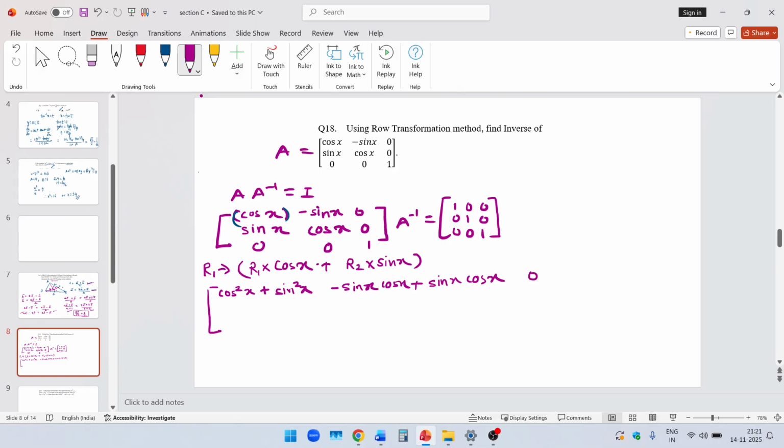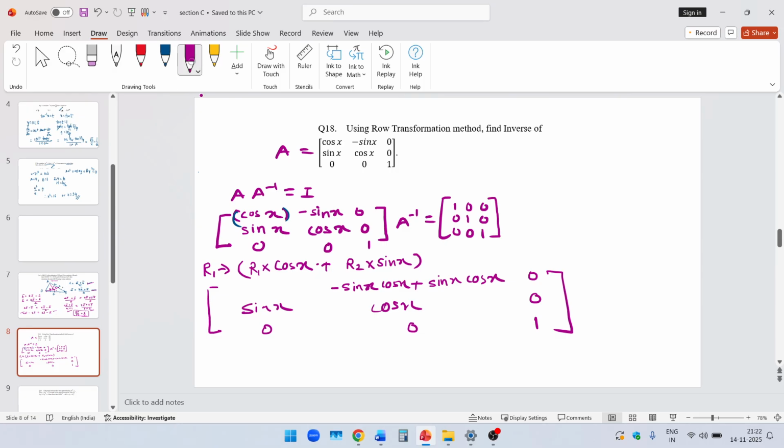The third element as it is will be 0, and the third row will also be equal to 0 0 1. The second row will remain as it is, which is sin x cos x. Now I can modify this by saying cos square x plus sin square x is 1.